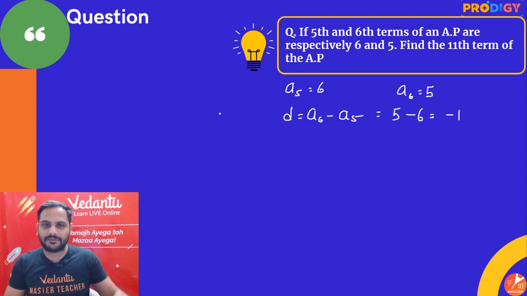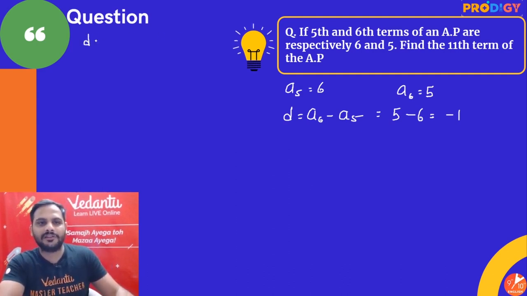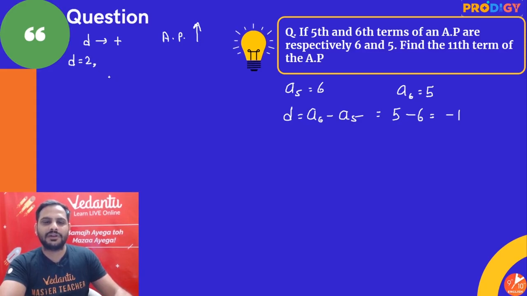Now always remember, if the common difference is positive, the AP will be an increasing AP. For example, if the common difference is 2, the AP will be 2, 4, 6, 8, 10. You can see the numbers are increasing. But if the common difference is negative, remember the AP will be decreasing.